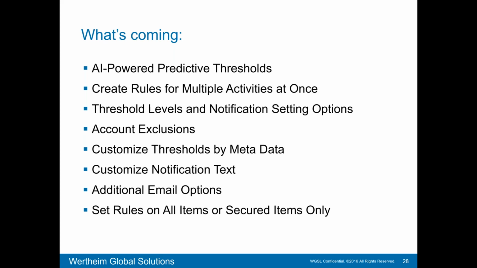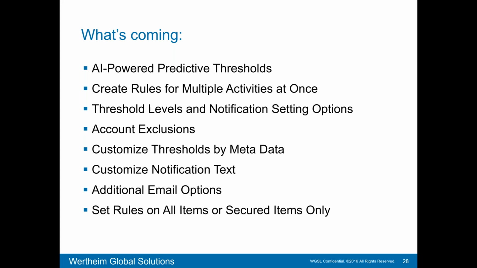So for instance, if a person averages 20 downloads a week, and all of a sudden they hit 50, you want to know about that. You set up a rule that says if they exceed their normal activity by 250%, I think that's the number, notify me. So you can set predictive thresholds, and you can have multiple predictive thresholds based upon multiple activities at once.